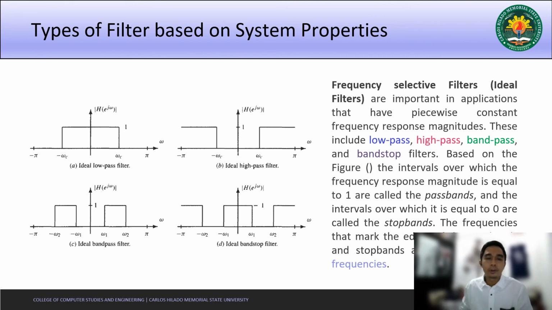And for selecting filters, we have low pass, high pass, and band pass filters, and also what we call the band stop filter. These are the filters that can be used in system properties of your signal.